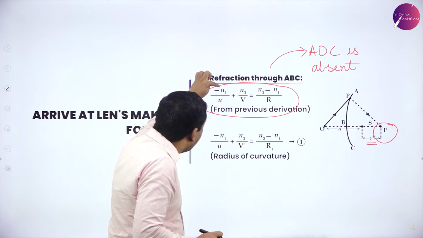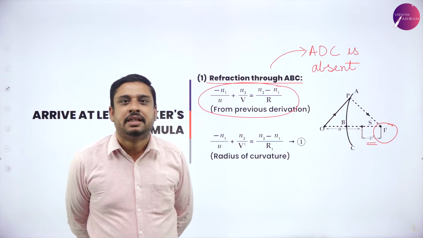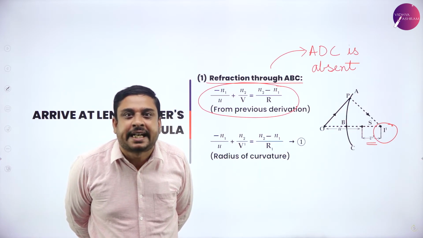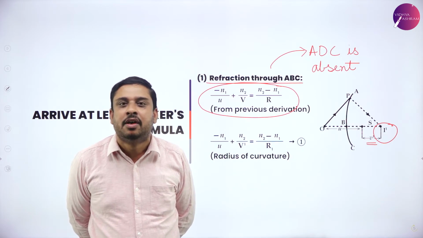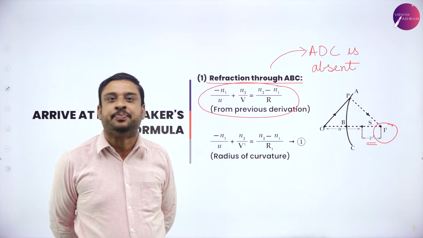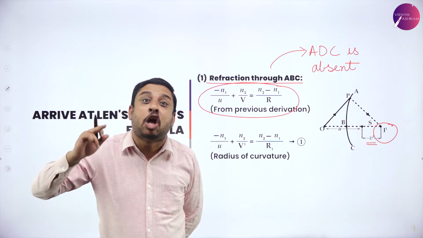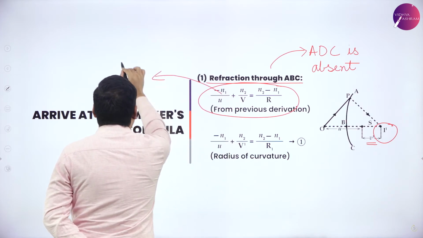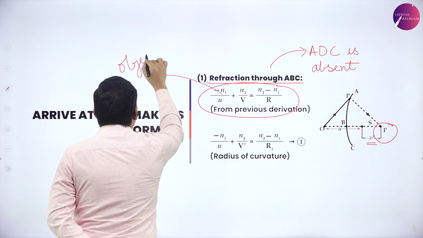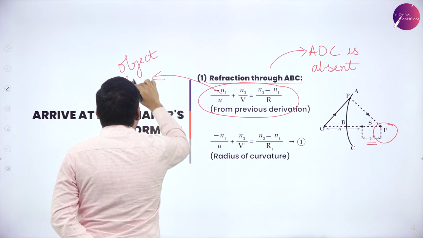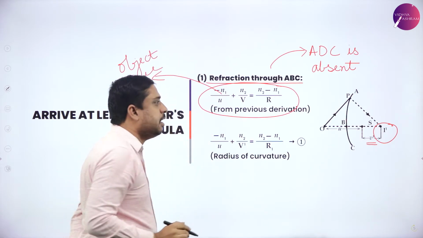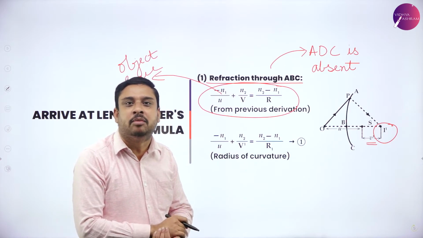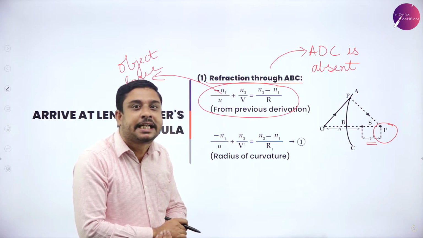Now, what is n1? Here n1 is the refractive index of the medium in which the object is placed. So, we also call n1 the object space refractive index of the medium in which the object is placed.